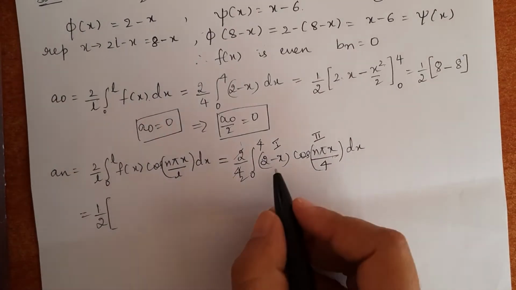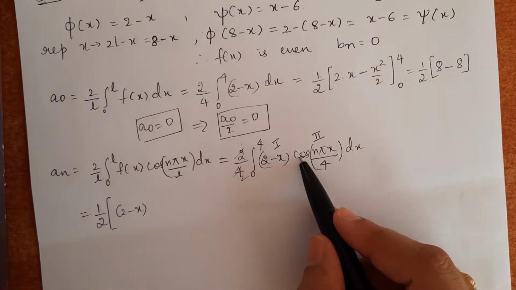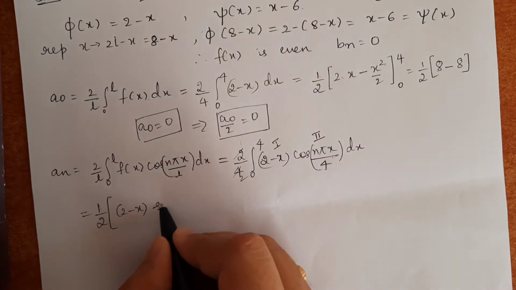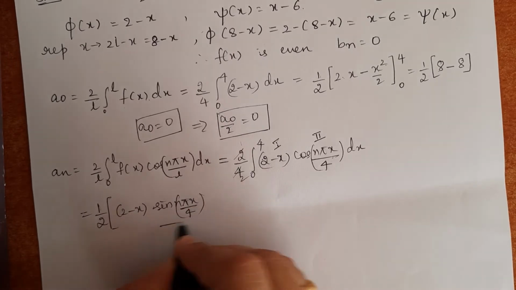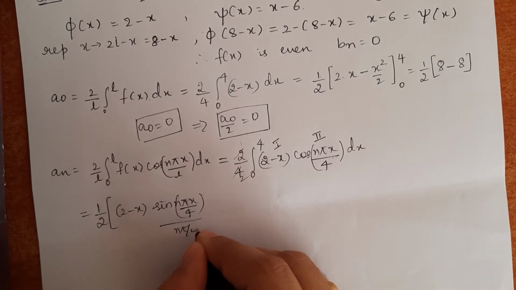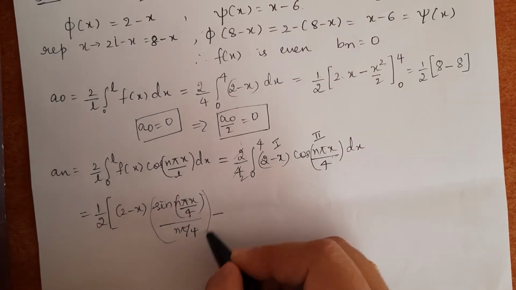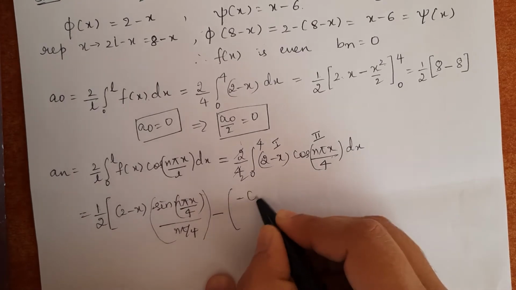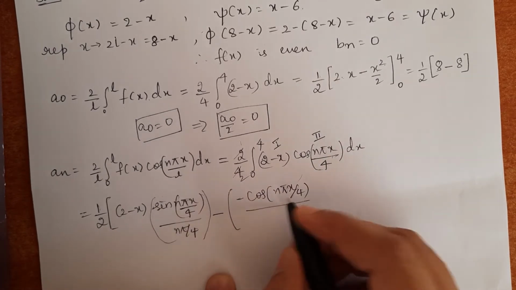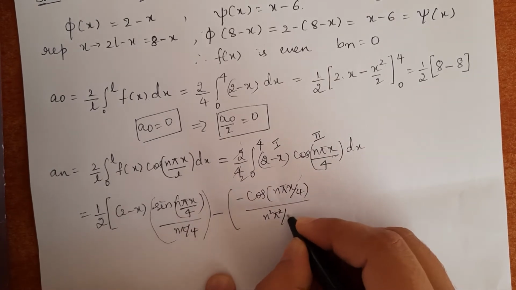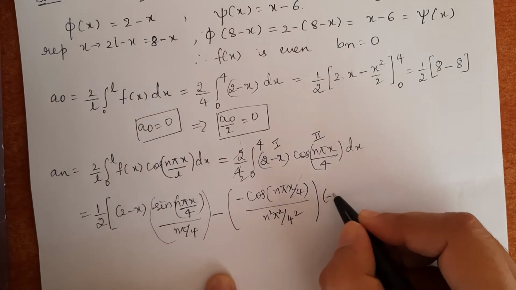1 by 2 into first function should be retained as it is, 2 minus x, into integration of cos term. Integration of cos is sin n pi x by 4 divided by the constant term n pi by 4, minus, again integration of this integrated function is minus cos of n pi x by 4 divided by n square pi square by 4 square, into differentiation of 2 minus x, which is minus 1.